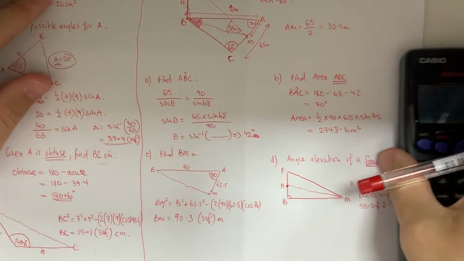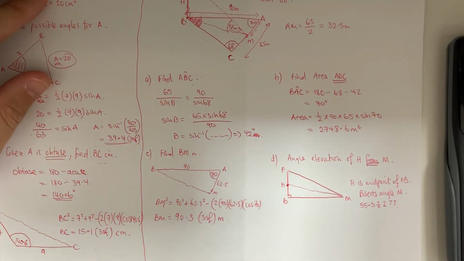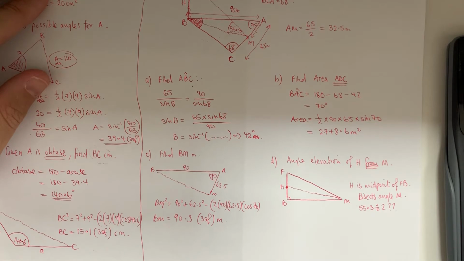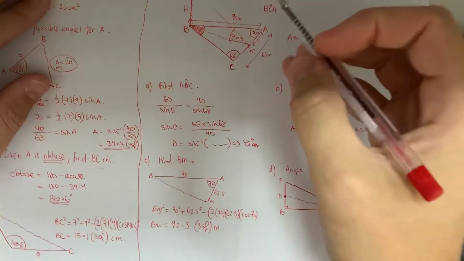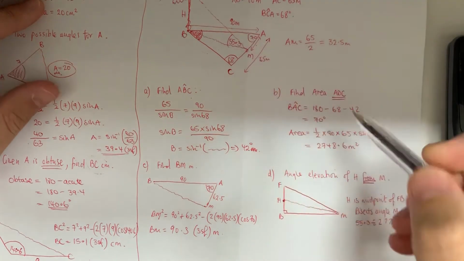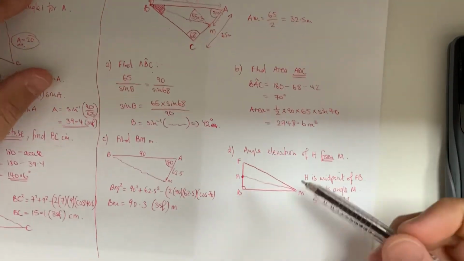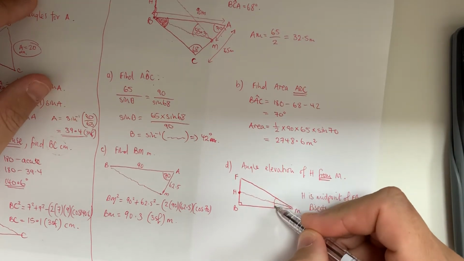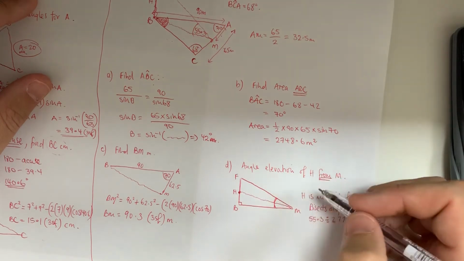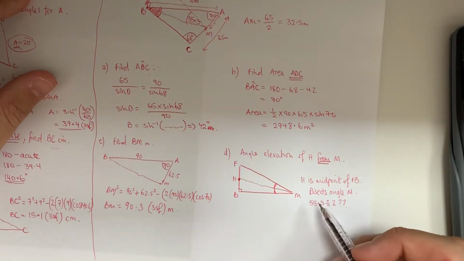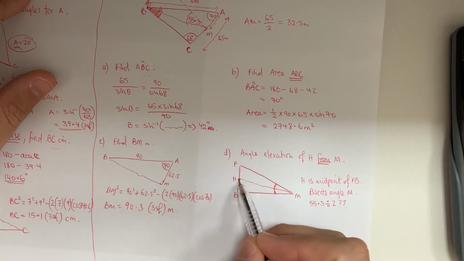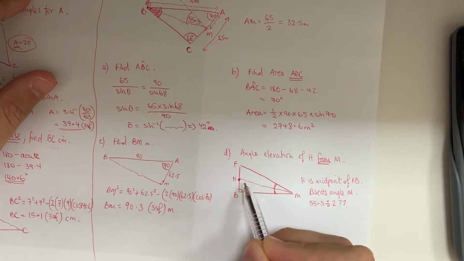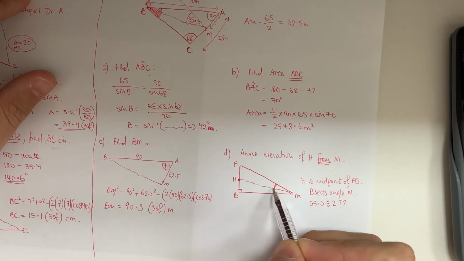Now, on to D, where it starts to talk about the flagpole. So it says a flagpole was put up in one corner with base H. Doesn't tell me the height of the flagpole. We've got the angle of elevation, which is 55.3. So here is M. This whole angle here is 55.3. Now, mathematics tells you that if H is the midpoint, then that therefore bisects that angle.